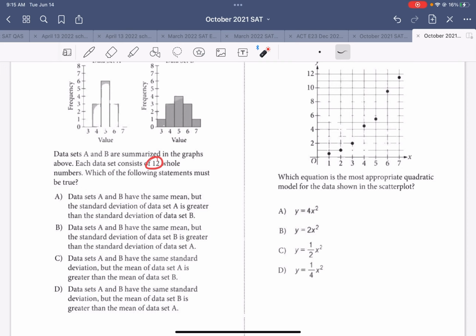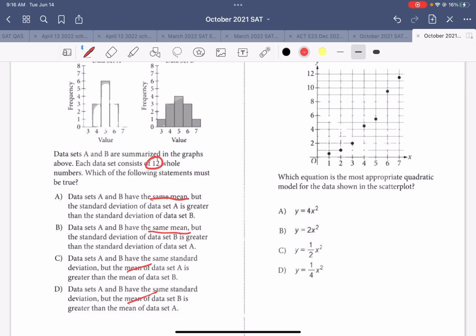So that shows you that your mean should be the same, because both of them are 5, and each data value is spread the same amount, and then it perfectly balances around the 5. So the mean should be the same, you don't have to calculate it. So when you look at the answer choices, same mean, okay, this one says the mean is greater, so it's not. So either A or B.